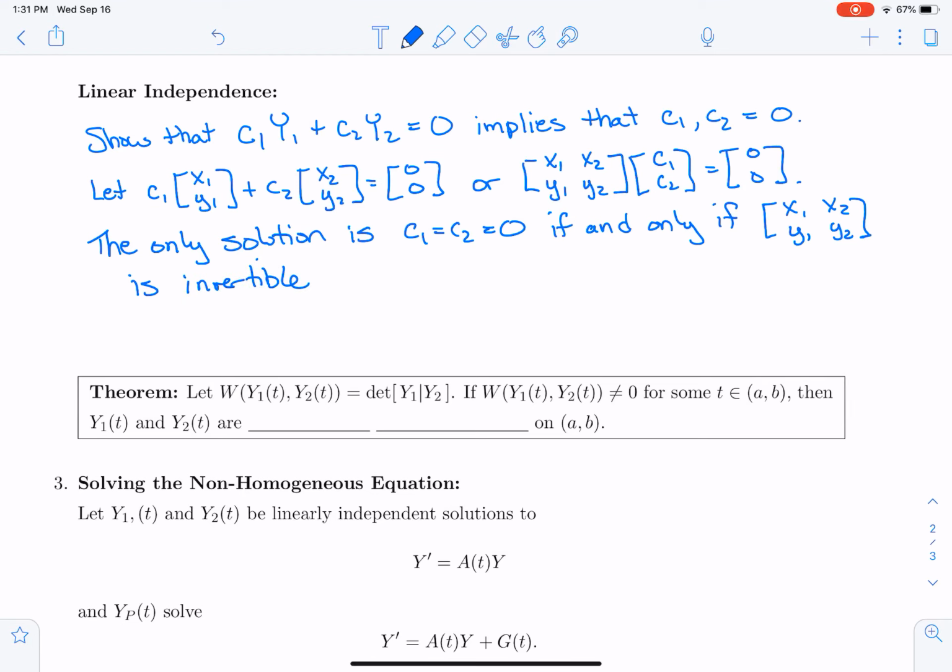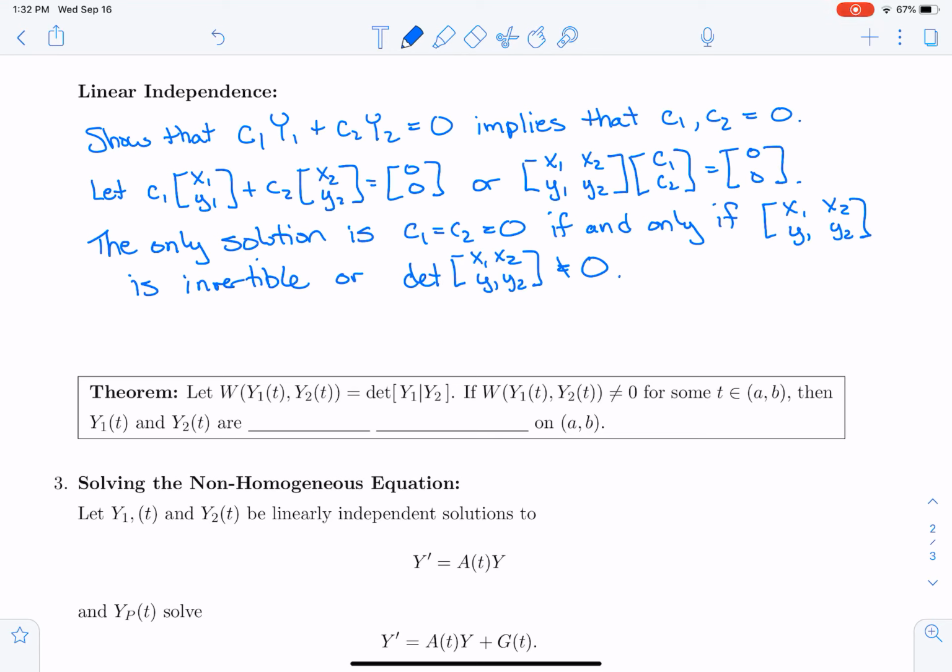Of course, how do you show that a matrix is invertible? You show that the determinant of that matrix, x1, x2, y1, y2, is not equal to 0. So when we take the determinant of that matrix, we call that the Wronskian. Okay, so this is a different definition of the Wronskian than last time.